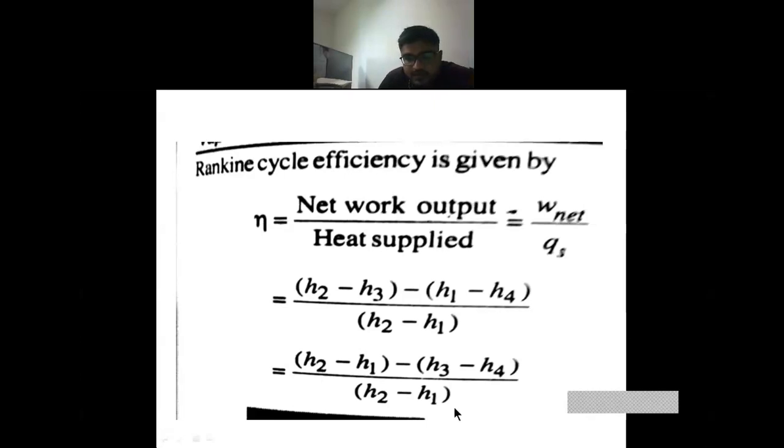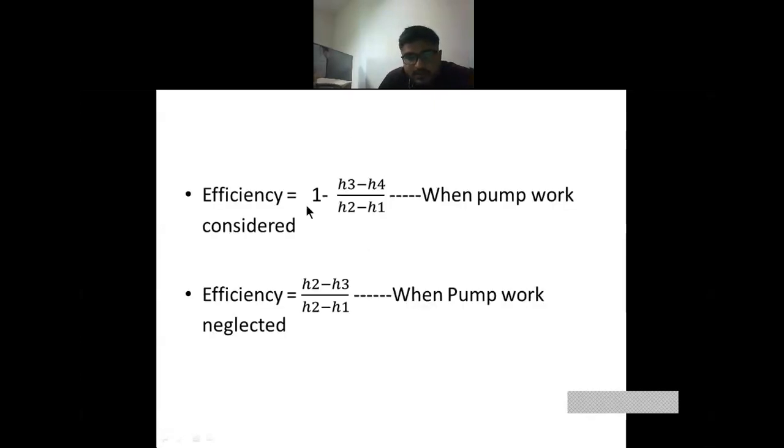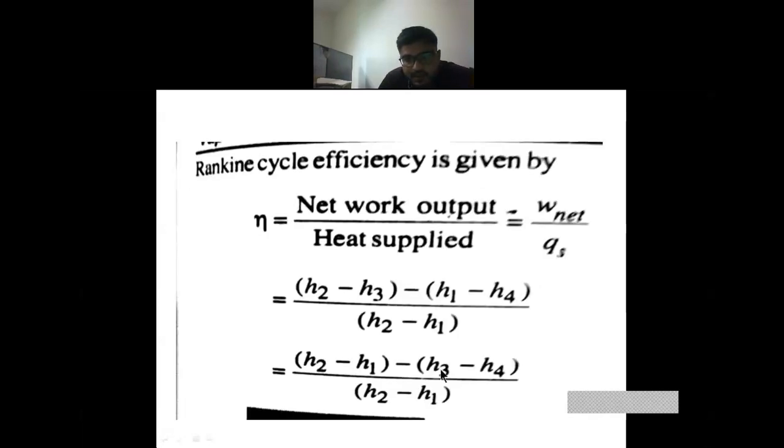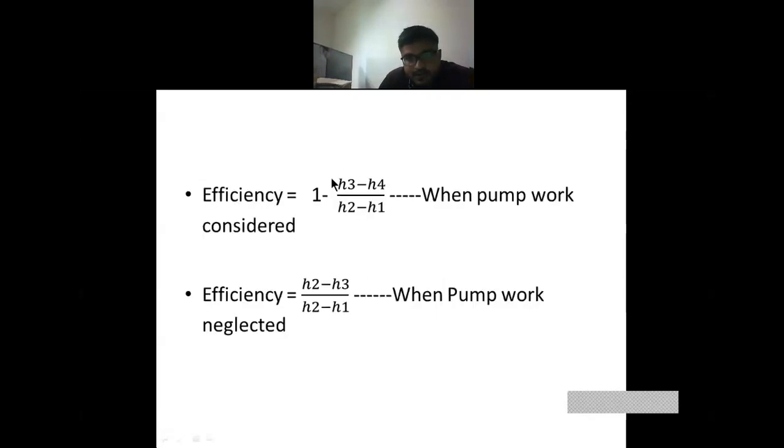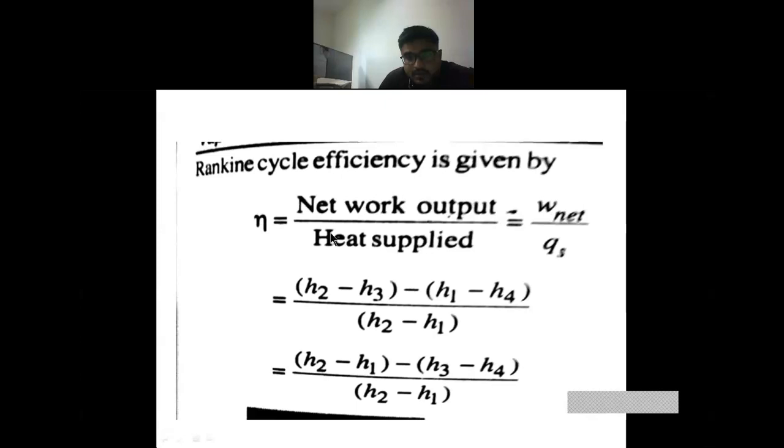So our final equation will become this: 1 minus H3 minus H4 divided by H2 minus H1. This will be our equation for efficiency when pump work is considered. Now whenever we neglect pump work, generally the value of pump work is very low.